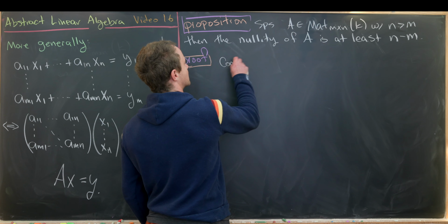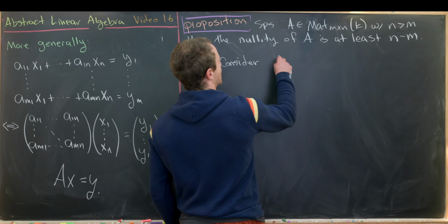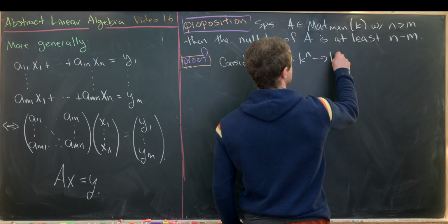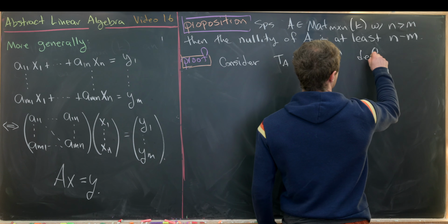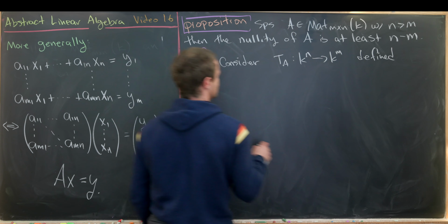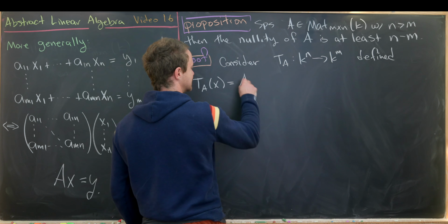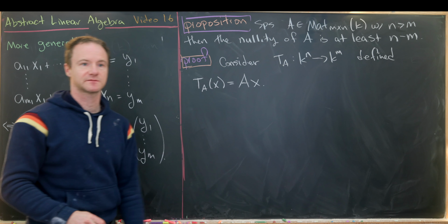So in particular, let's consider the following linear transformation, T_A, which goes from K^n to K^m, defined just by multiplication by the matrix A. So in other words, T_A evaluated at x is A times x.